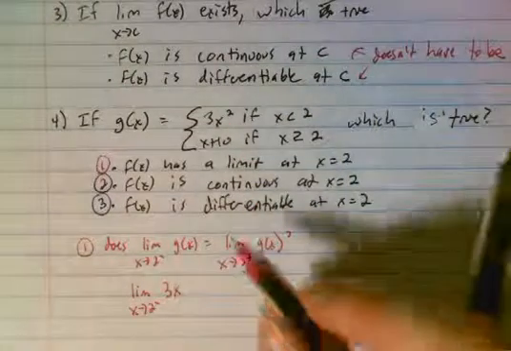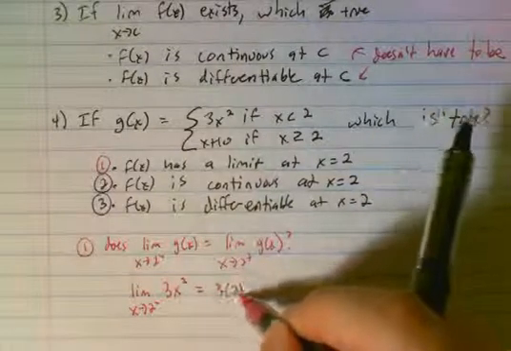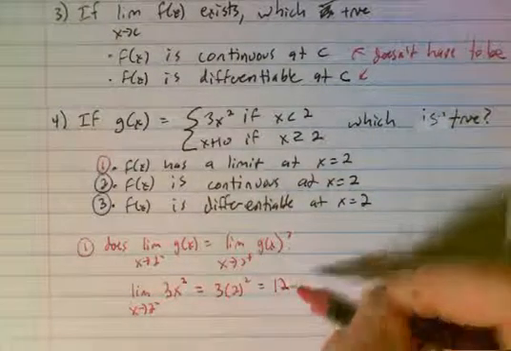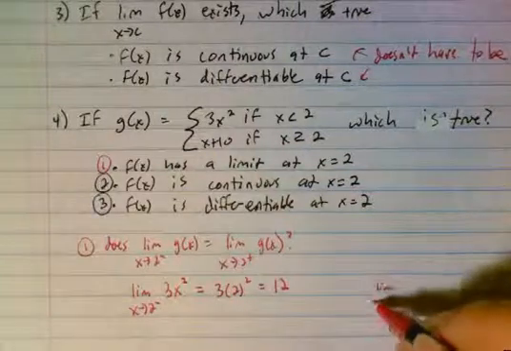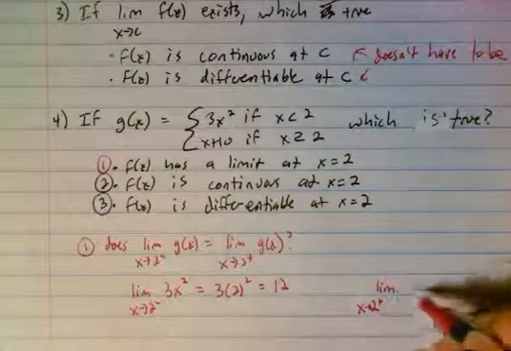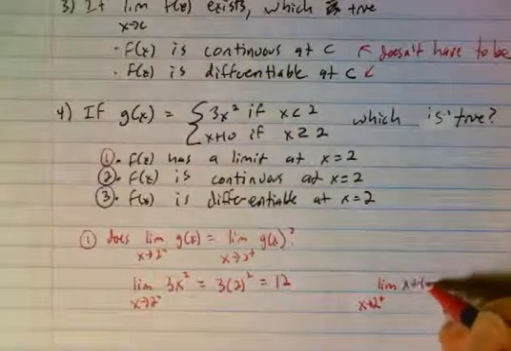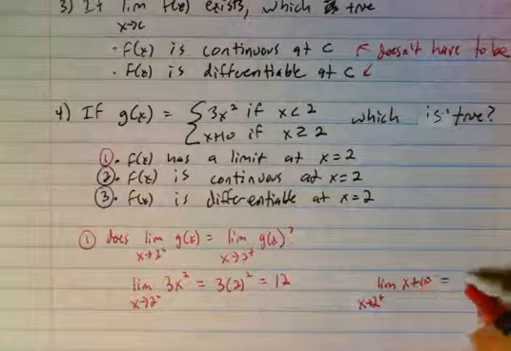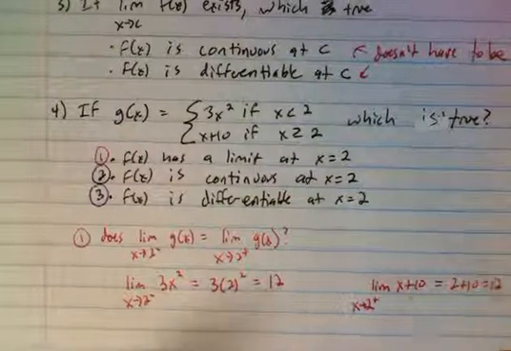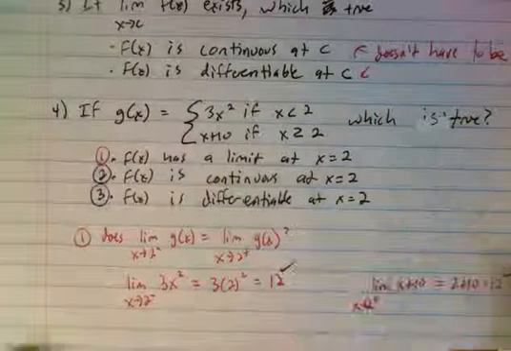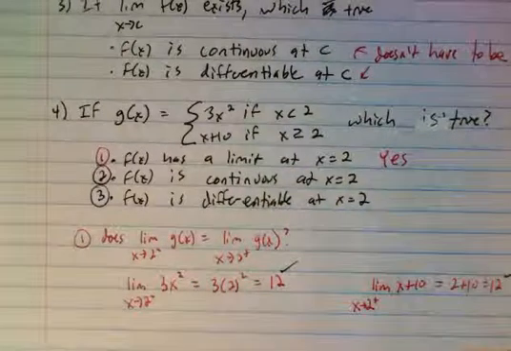The left-hand equation is 3x squared. So that's 3 times 2 squared, or 12. And then the limit as x approaches 2 from the right. The right-hand function is x plus 10. So if we plug in 2, that's 2 plus 10 equals 12. So that means this one's yes.